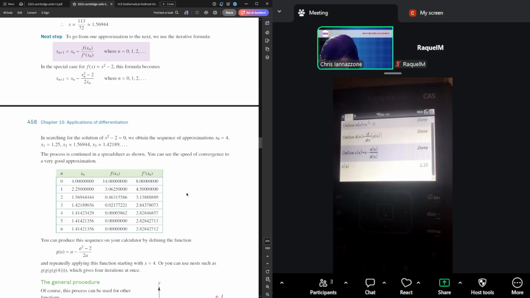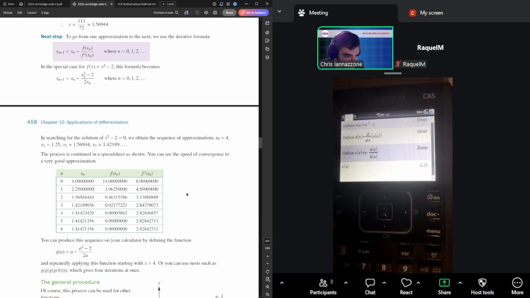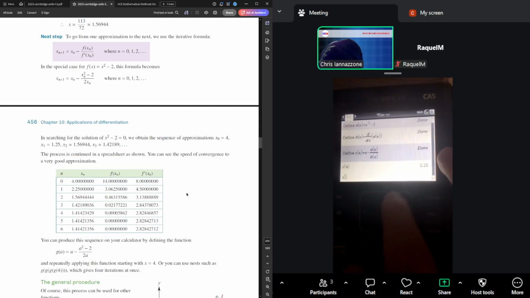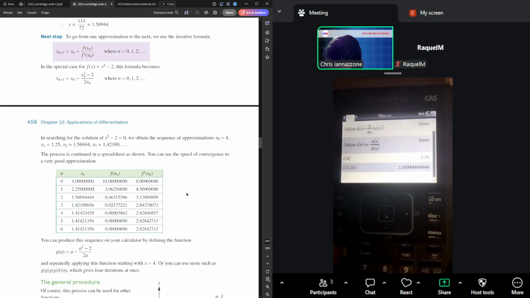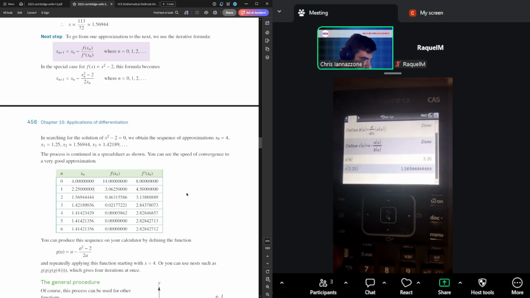All we would do is keep feeding it back in as many times as we needed to, depending on what we're looking for. If we're going to go to a certain number of decimal places, we'll just keep feeding this back in and in and in until we reach that number of decimal places. So you could do your c of 2.25, which gets us 1.569, which again, if you look at the table, you'll see that all the values that we repeatedly feed into themselves will continue to match what's on the table, x0, x1, x2, and so on.